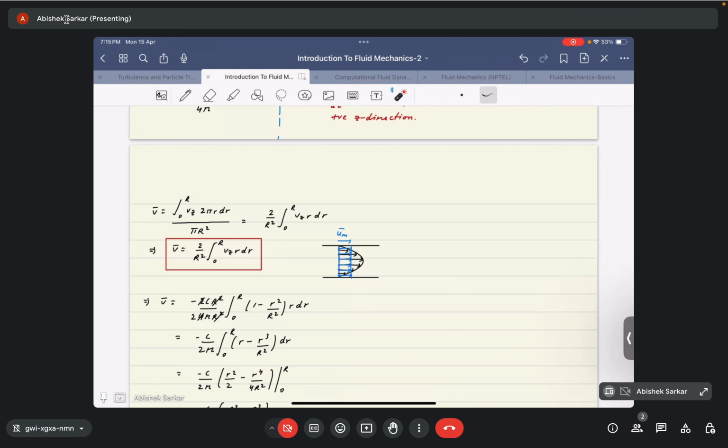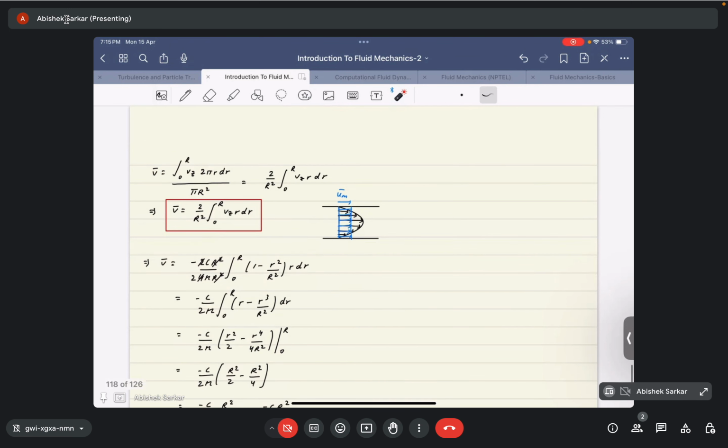Okay. Again, sorry for the delay. So let's continue now. We have the final form of the velocity profile in our hand. Let me just write it once again.